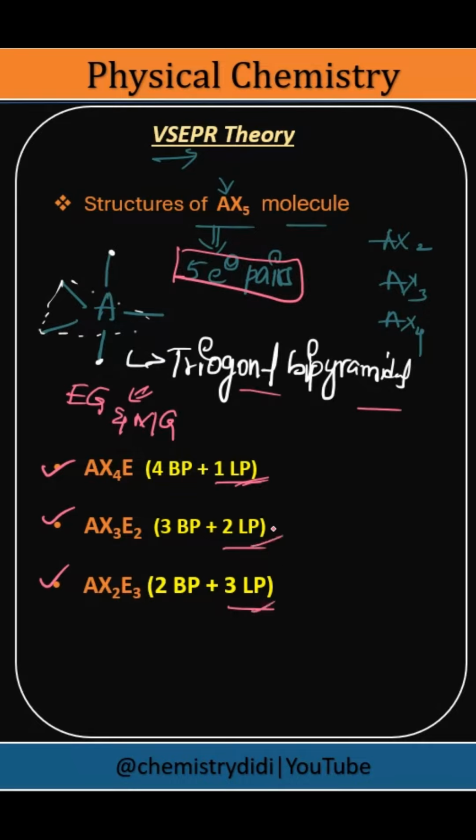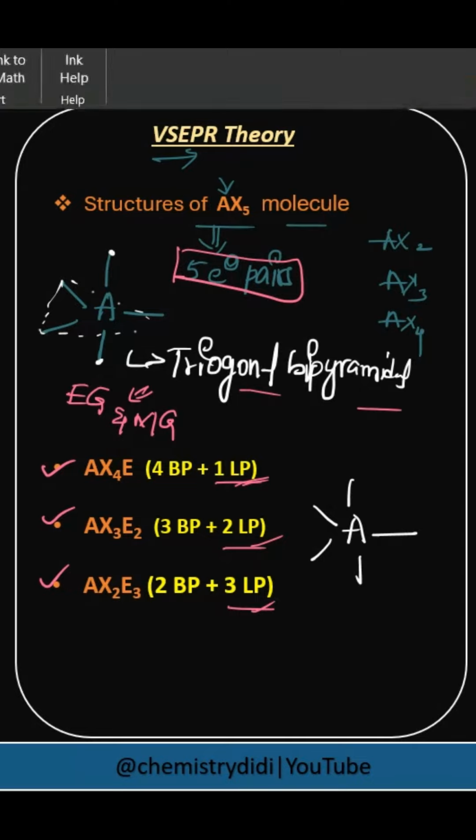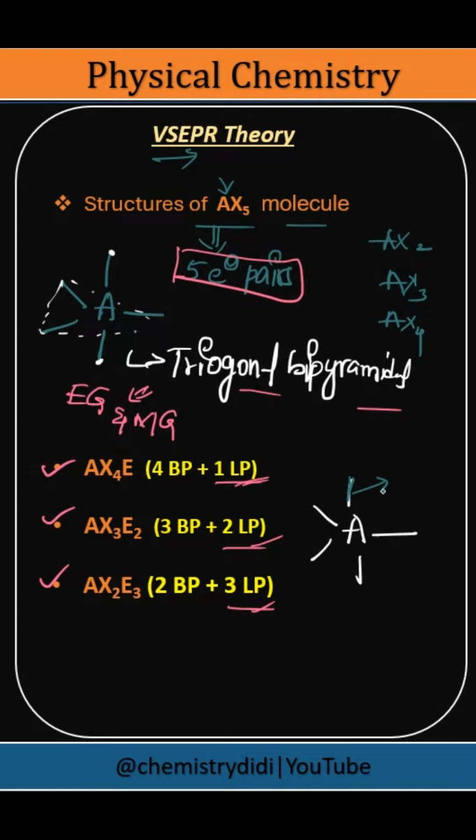And one more thing, which is an important concept over here, is that here there are lone pairs, right? So where will you keep those lone pairs in this structure? Generally these bonds are axial bonds and these bonds are equatorial bonds.